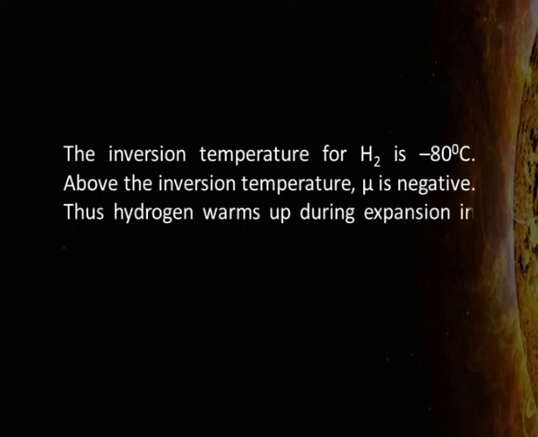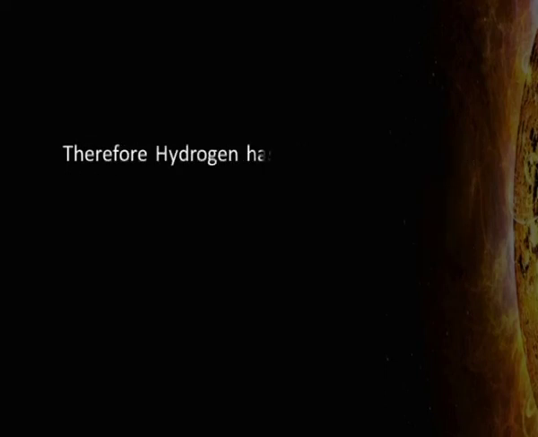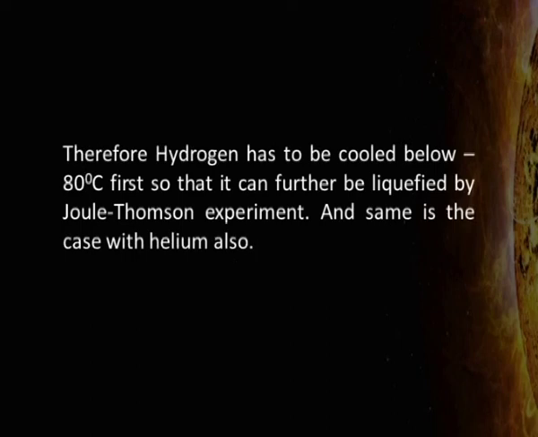Thus, hydrogen warms up during the expansion in Joule-Thomson's experiment at room temperature. Therefore, hydrogen has to be cooled below minus 80 degrees Celsius first so that it can further be liquefied by Joule-Thomson's experiment, and the same is the case with helium also.